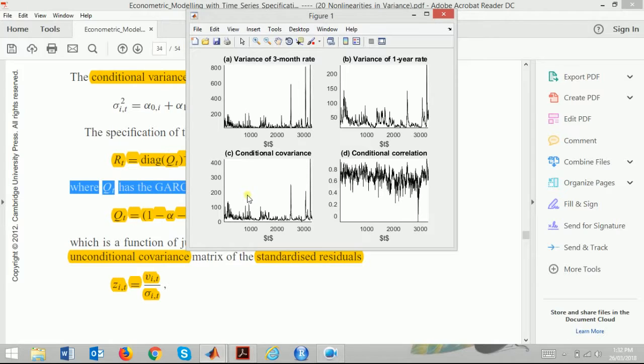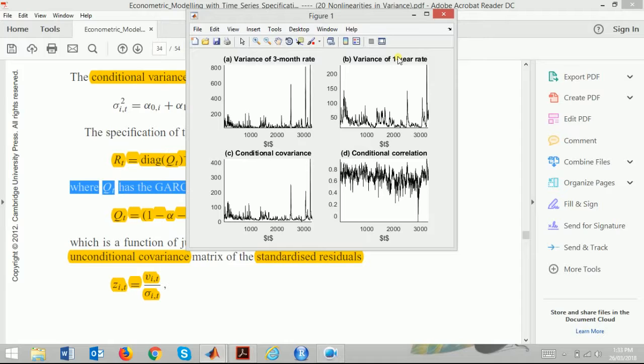Okay, here comes our MGARCH BEKK model, where we have conditional covariance and conditional correlation. This is how it looks. Variance for the 3-month and 1-year rate. Fine, good. We have done it already. So this is MGARCH for the 3-month rate, and this is from the regular estimation.